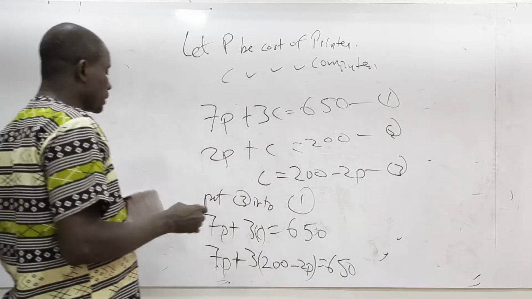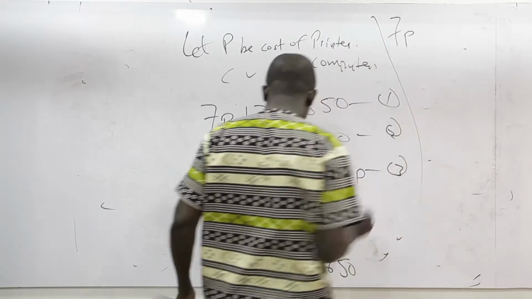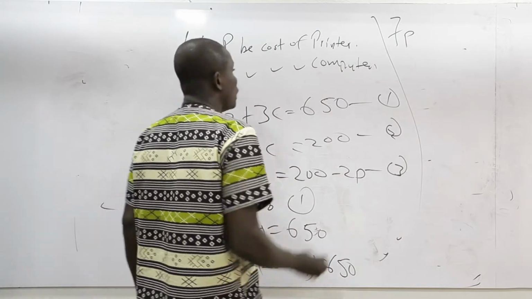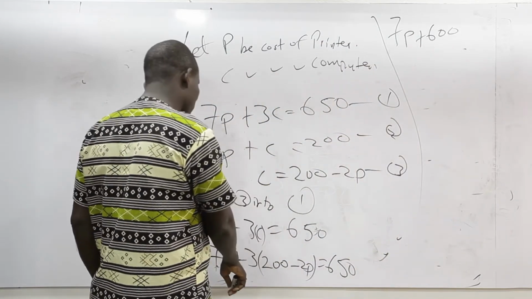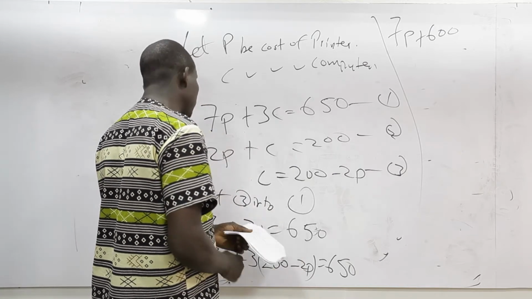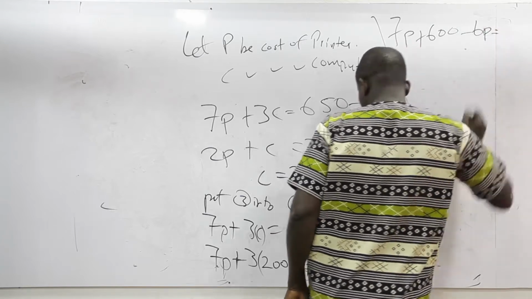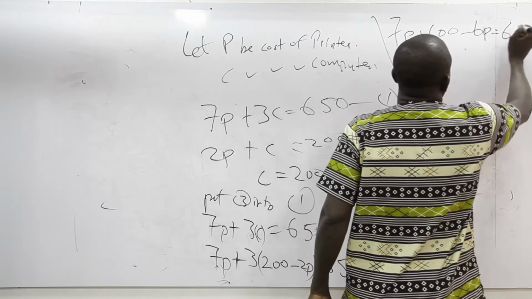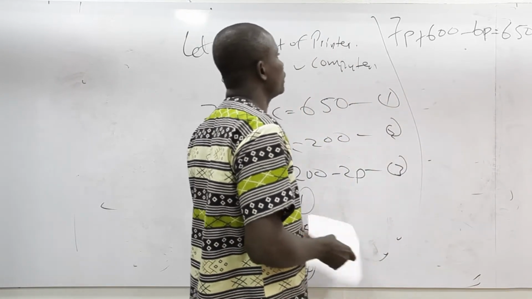So let's continue from that side. It becomes 7P, this time, plus 600. 7P plus 600, okay? Minus 6P is equal to 650. It is like what we saw in the previous example.